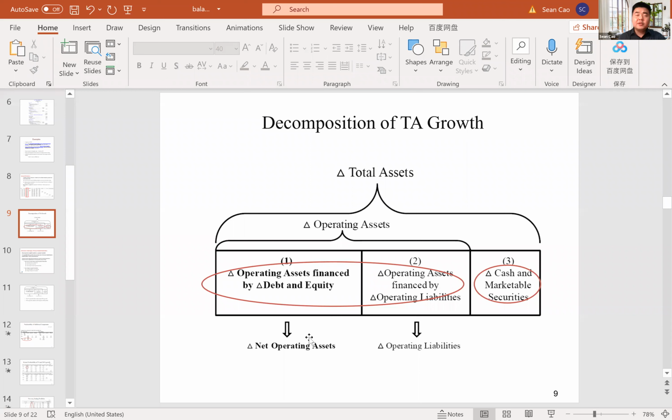Let me explain in more detail. What does that mean? Let's use an example. Say Amazon purchased a lot of warehouses. You guys know Amazon has distribution centers and a lot of warehouses, with auto robots delivering the shipment to the neighborhood. So let's say I'm Amazon.